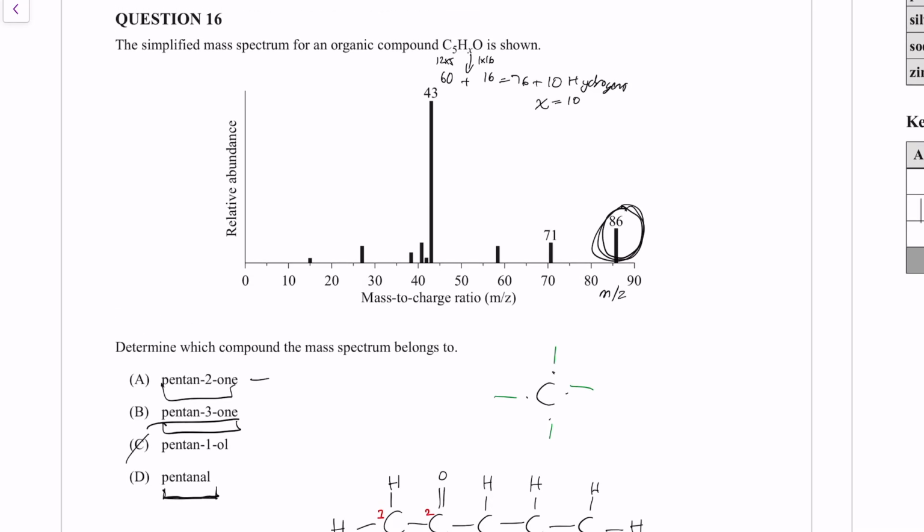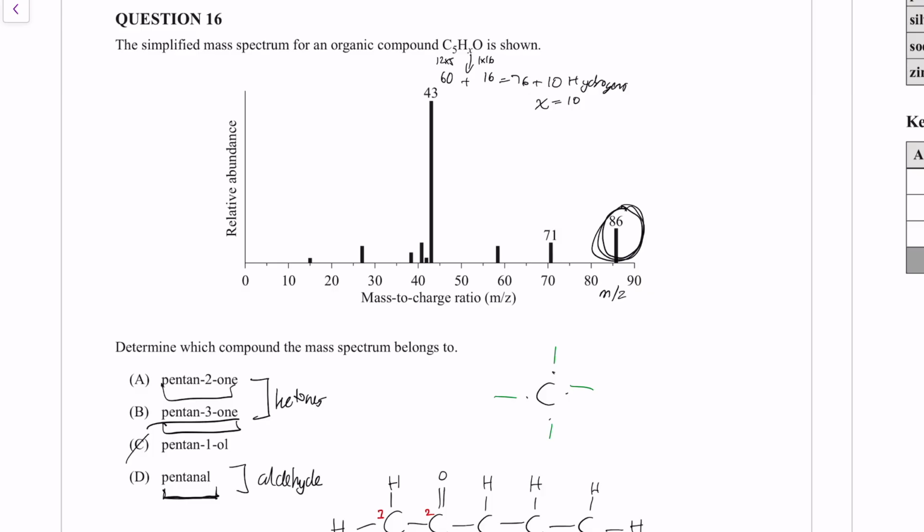We know both of these are ketones, okay, and one of these is an aldehyde. So what if there was a way to cancel out that it was an aldehyde or a ketone? If we can cancel out that it's a ketone, then we know it's definitely an aldehyde. If we cancel out that it's an aldehyde, then we know it's going to be A or B, right?